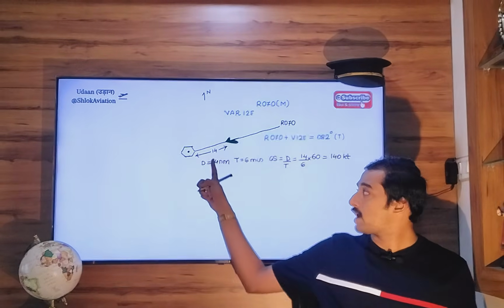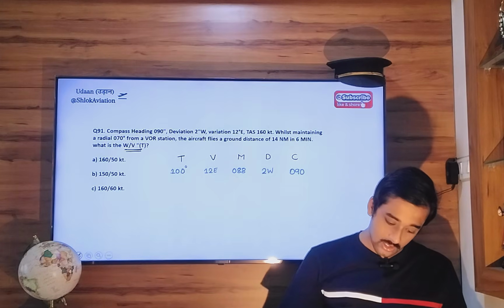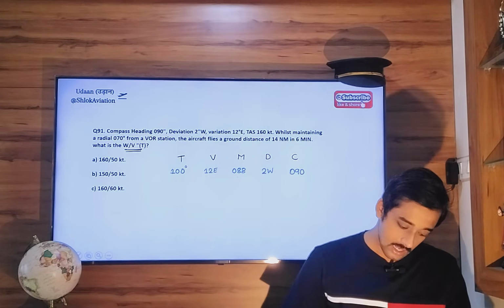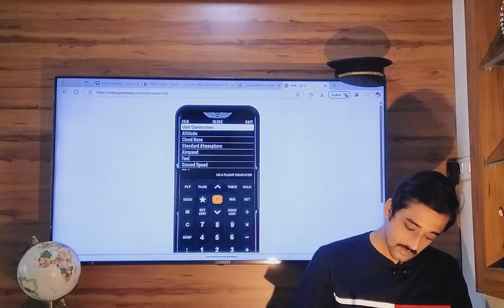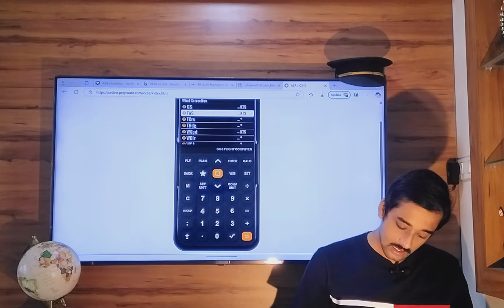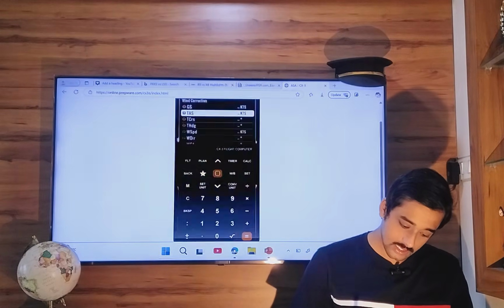Okay, this track you are flying away from this VOR station. Your ground speed is this. Your true heading is this. Now we will use CX3 to find out our wind velocity. So go to wind correction option. Now the TAS given in the question is 160 knots.